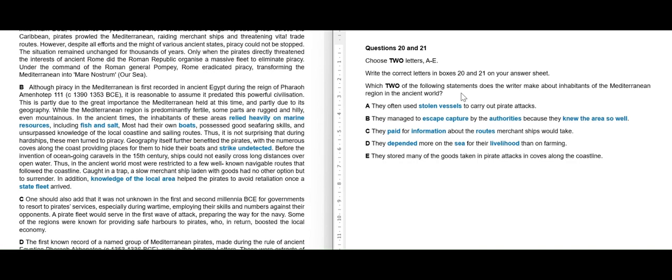Please keep in mind that Mediterranean pirates and ancient world are mentioned in several paragraphs, but we have to focus on the paragraph in which the writer is talking about the pirates and their lives, which is highlighted in the paragraph B. So, we have to focus on this paragraph only.